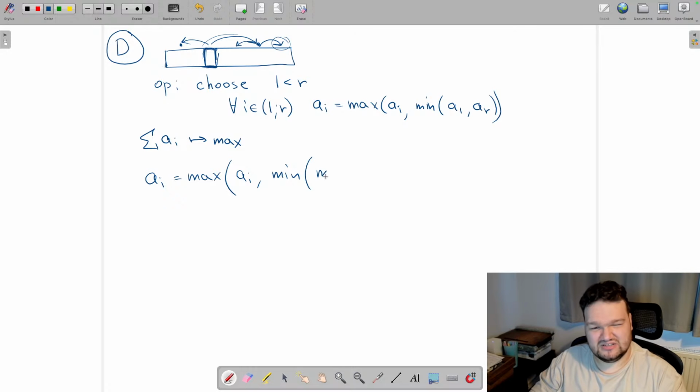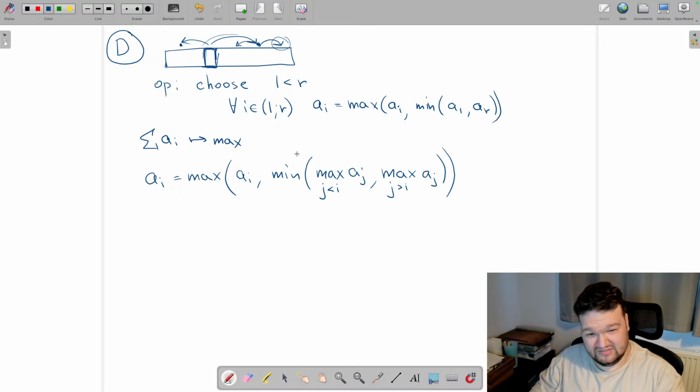So it's the maximum over j smaller than i of a_j and the maximum over j bigger than i of a_j. So we're taking the biggest value we can get on the left, the biggest value we can get on the right, then we take the minimum of them and update each value with that.